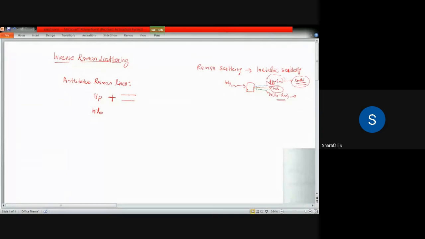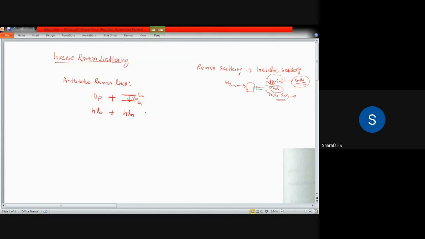Initially the molecule is at some higher energy level, let's say this is E2 and this is E1, and the molecule comes to the ground state or some lower energy level with release of frequency nu m, and that energy is transferred to the photon, so you get an additional energy h nu m.